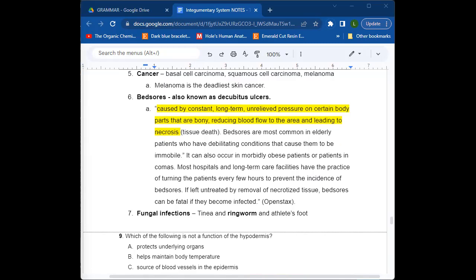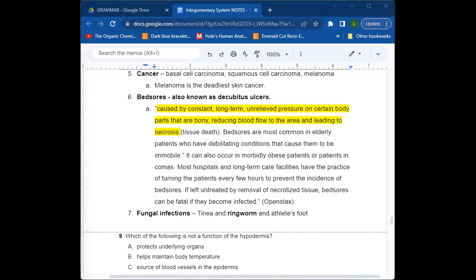So, for example, if they're lying on their right side, we flip them over to their left side. If they're on their left side, then we put them lying on their back. Usually the rule of thumb is about every 2 or 3 hours to rotate the patient. But it may be different from facility to facility.